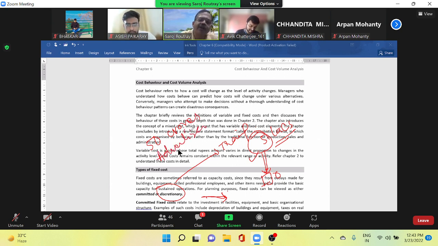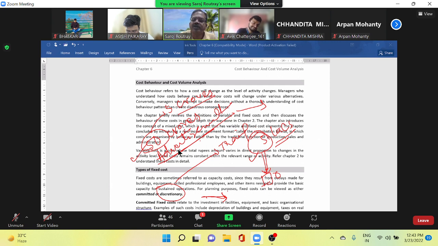But due to COVID, they saw that there is no benefit of spending so much money. They spend only 5 crores. Although it is a fixed cost, it doesn't depend on the volume of output, but it is at the discretion of the management. So it's a discretionary fixed cost.